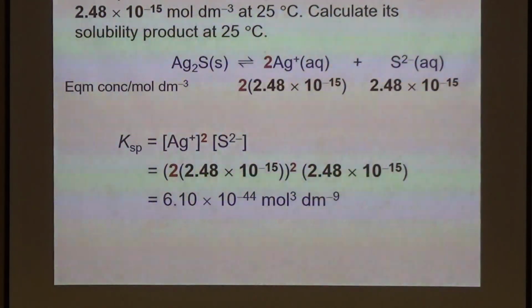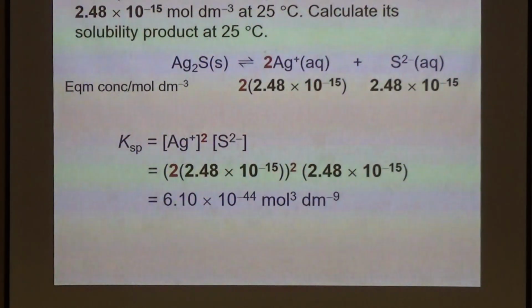Unit: count the number of ions, and there are 3 ions, so it's mole per dm cubed to the power 3, so mole cubed dm minus 9. So that is given solubility, calculate KSP, which is quite straightforward.